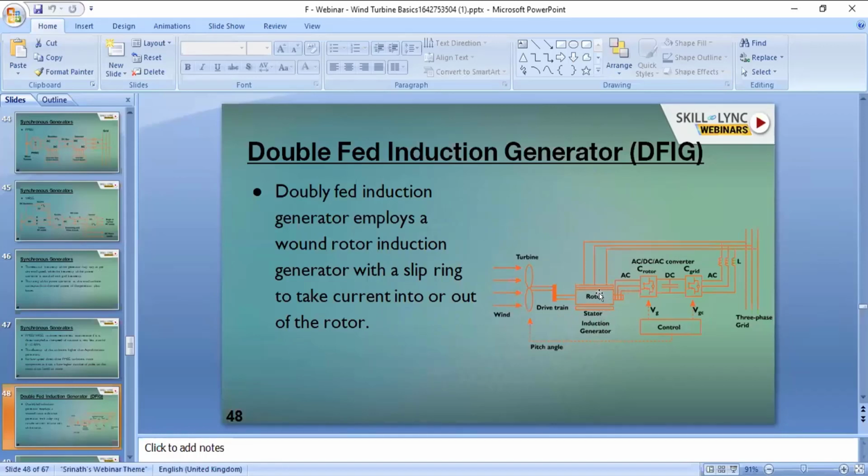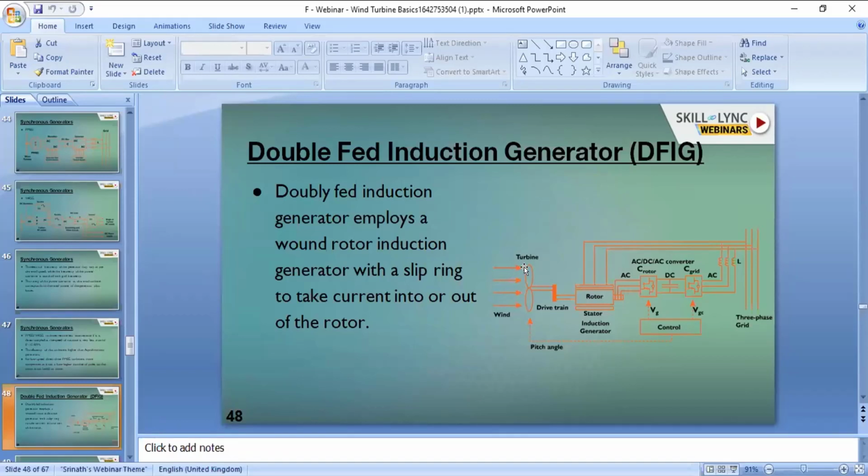This will have both stator winding and rotor winding. And the important thing is that here we can give fed power input to the rotor, and it is also possible to get power out, based on the speed of the rotor.